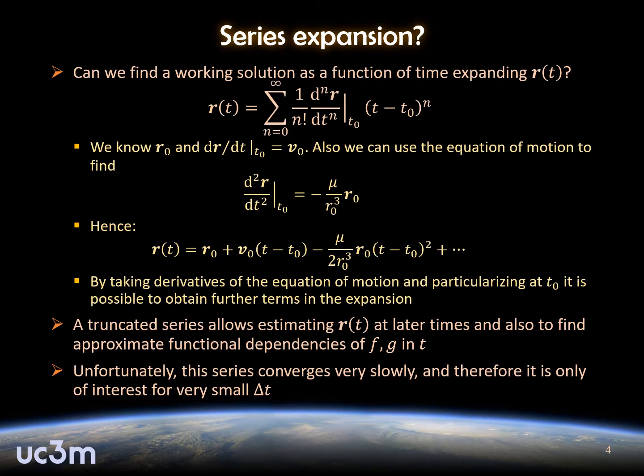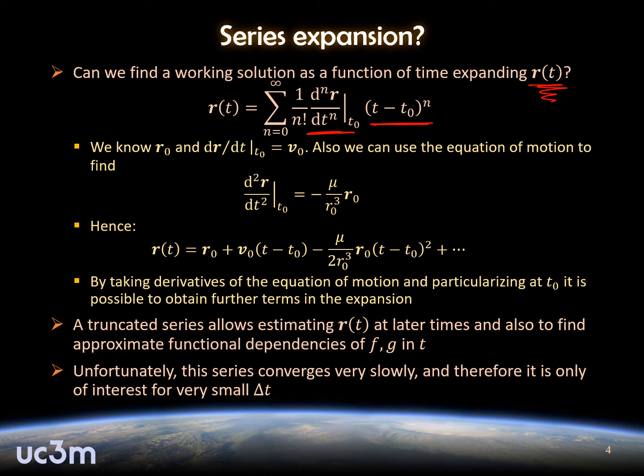A possibility and perhaps naive way of obtaining this time dependence of the position vector would be to expand the position vector in its Taylor series, as you can see over here. This involves the different derivatives and the powers of the time difference from the initial time. In order to obtain this series, we have to particularize these derivatives at t0.